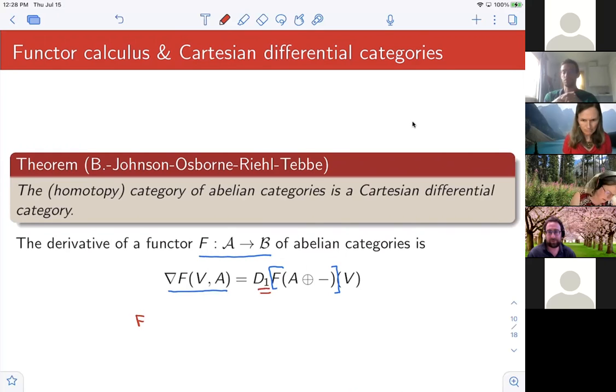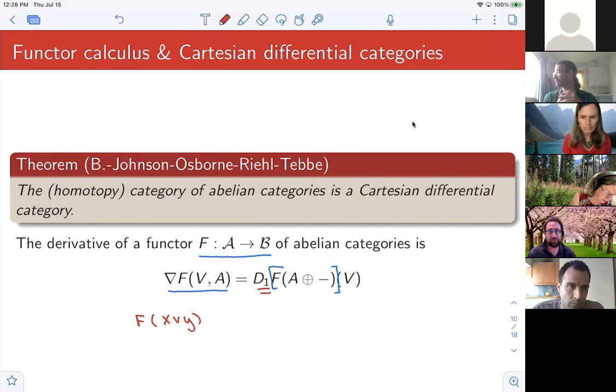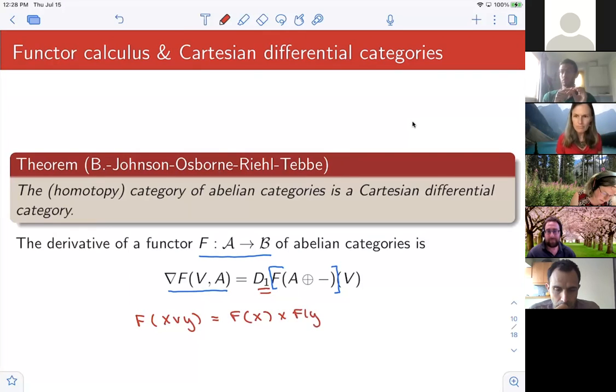And in the formulation that I gave you at the beginning of what it meant to be reduced and excisive, I said that a functor which is reduced and excisive has the property that f of x plus y is the same thing as f of x times f of y. But if I'm working in abelian categories, these are in fact the same thing. So I could say both that f preserves coproducts and f preserves products. So it's a little bit different than having to take a pushout to a pullback.